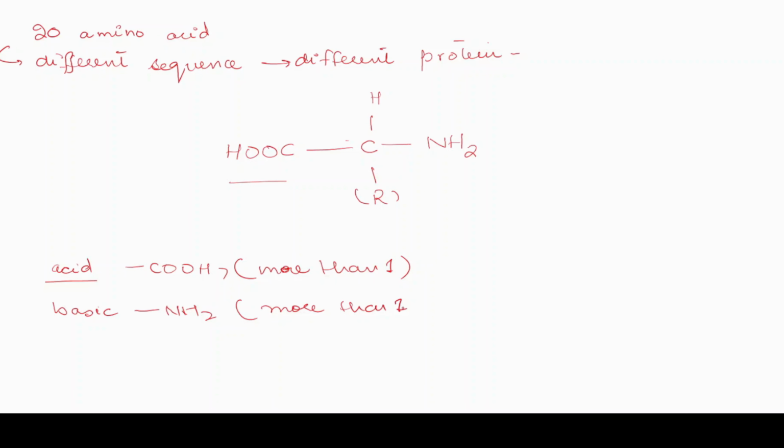If they have more amine groups as compared to carboxylic acid, those are the basic amino acids. There are neutral amino acids as well, and I've told you at the start that there can be sulfur or phosphorus present in some of the amino acids. Not all, only some. If I give you some amino acids, only some have more carboxylic acid, or more amine groups, or some have sulfur, or some have phosphorus.